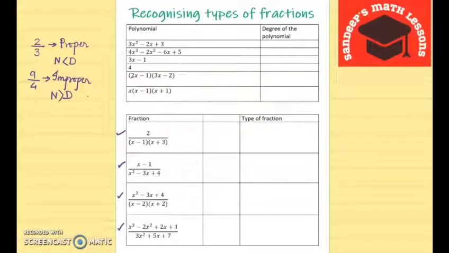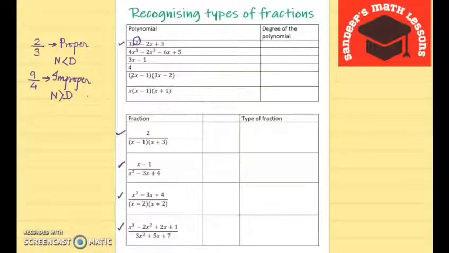The degree of a polynomial is the highest power of x, or the highest power of the variable in the polynomial. Say for example, if you look at this polynomial 3x squared minus 2x plus 3, the highest power of x over here is 2.